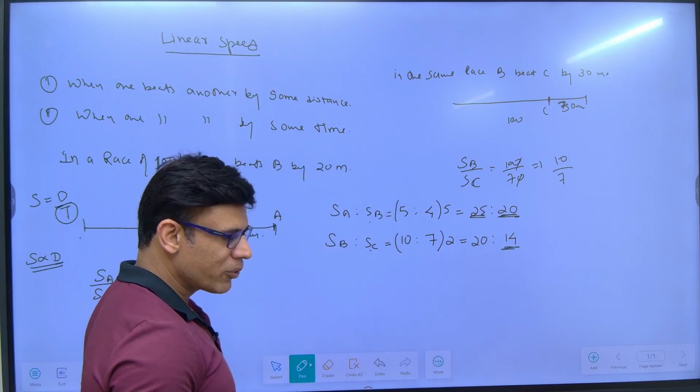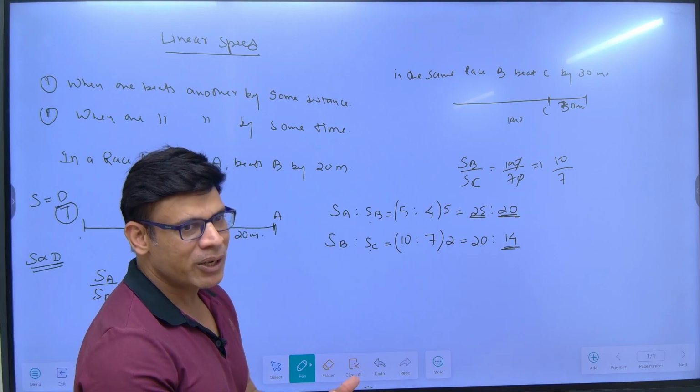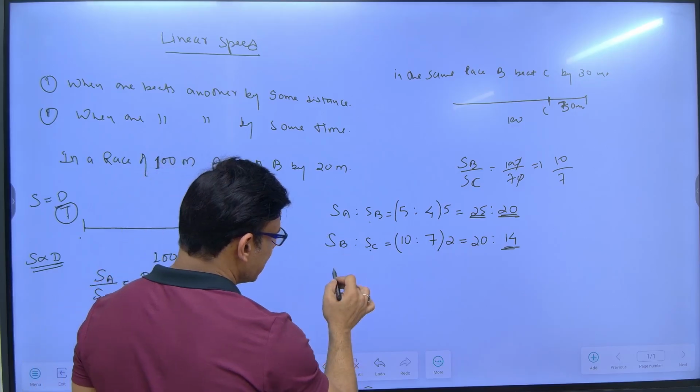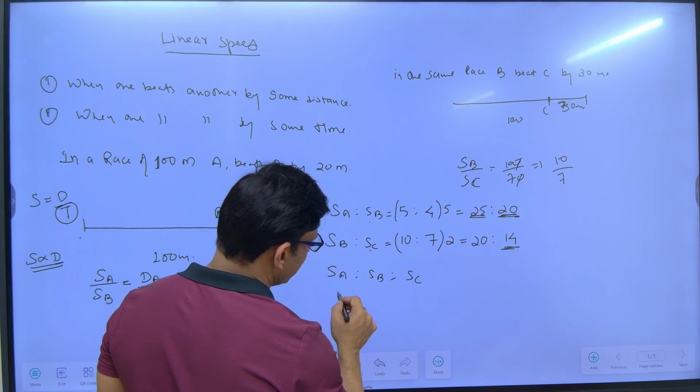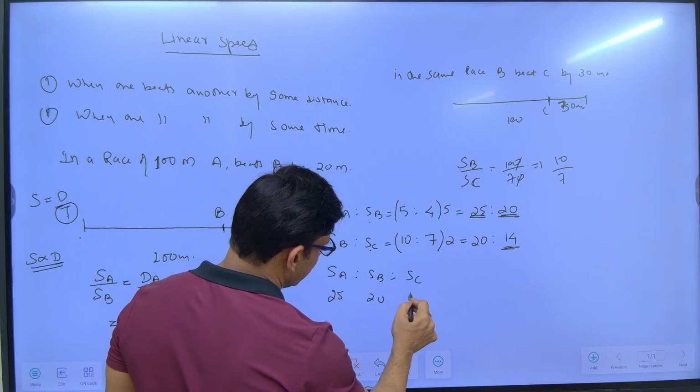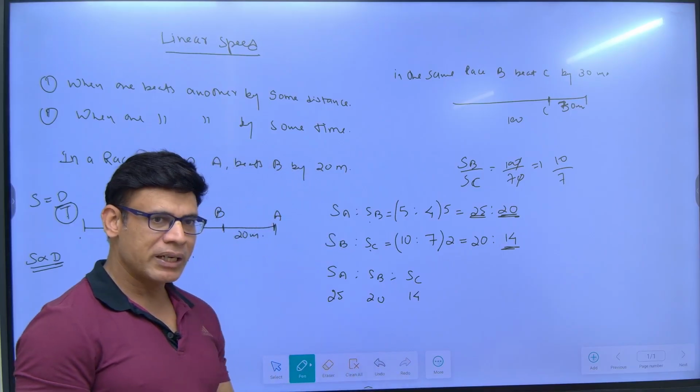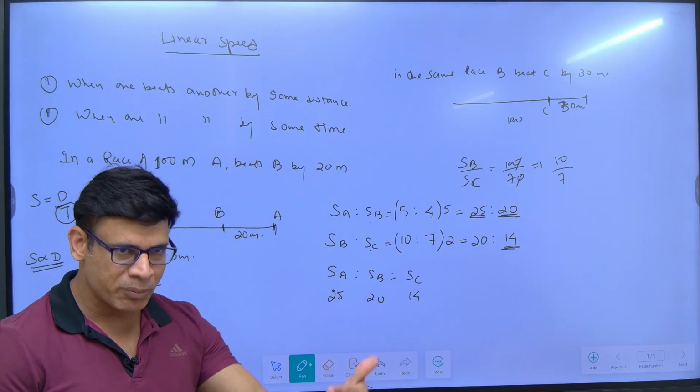So they'll ask you a question: in the same race, A will beat C by how much? So it simply means the speed of A to B to C is 25:20:14. So in the same 100 meters, A will beat C by how much?